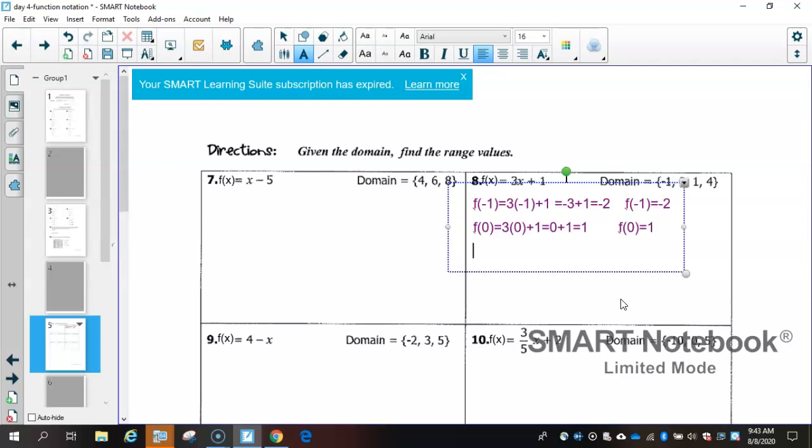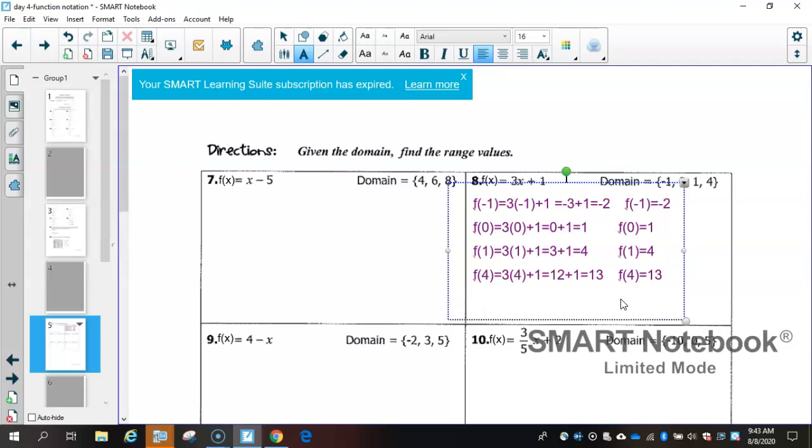The next one is positive 1, so f of 1 equals 3 times 1 plus 1. 3 times 1 is just 3, and then 3 plus 1 is 4. So f of 1 equals 4. And then last but not least is 4, so f of 4, that becomes 3 times 4 plus 1. 3 times 4 is 12, and 12 plus 1 is 13. So f of 4 is 13.